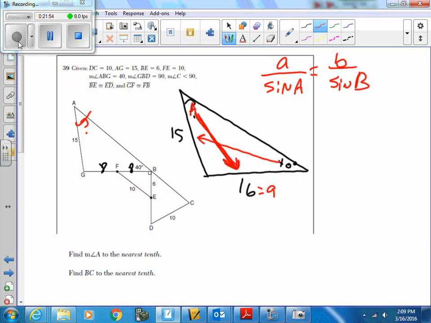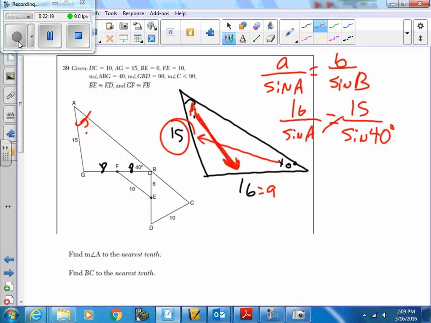All right, so we have A, which is 16, over the sine of A, which we don't know, equals B, remember that's our side, that's this one, 15 over sine of 40 degrees. Keep that degree mode set.